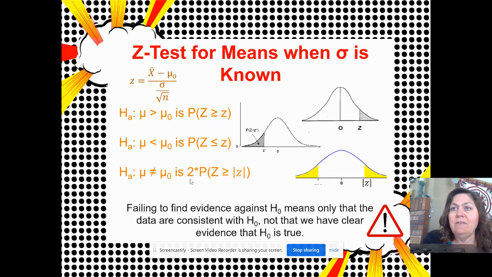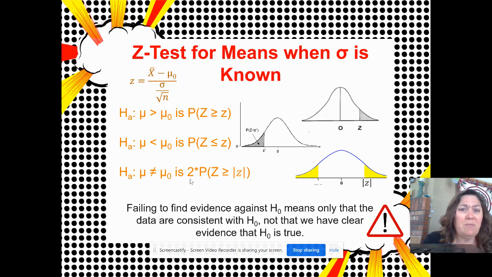It just means that the data are consistent with the H0, but it does not mean clearly that H0 is true. Because remember, our p-value could be 0.06 and our alpha could be 0.05. That means we don't have enough information or enough data, statistically significant evidence to reject it.